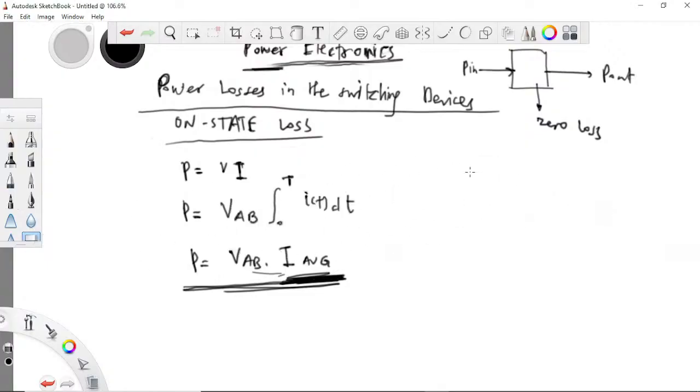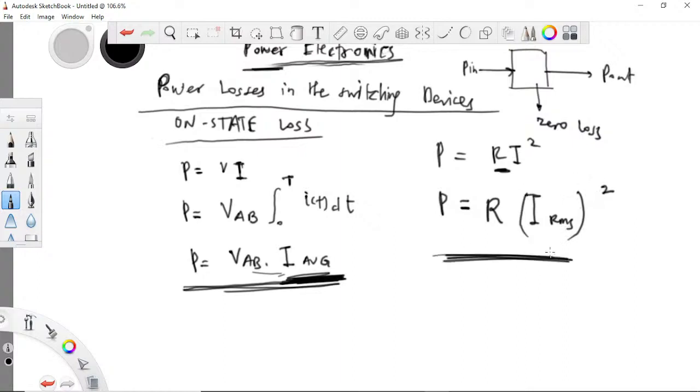Now let's consider the other case. We also know that power is given by R I squared. Now, if the model is a resistor, then we'll use the RMS current, I RMS squared.